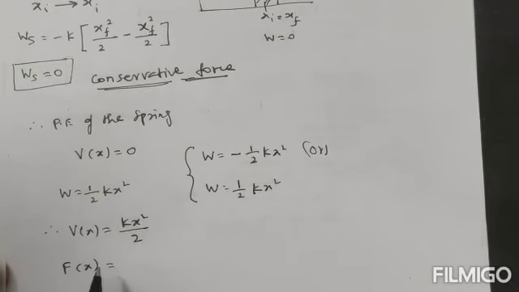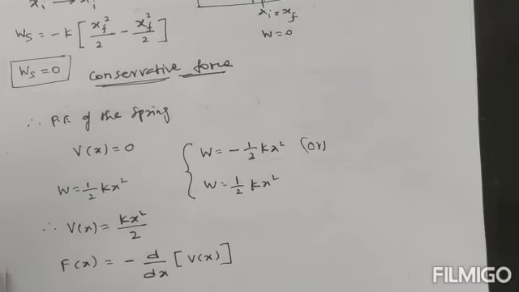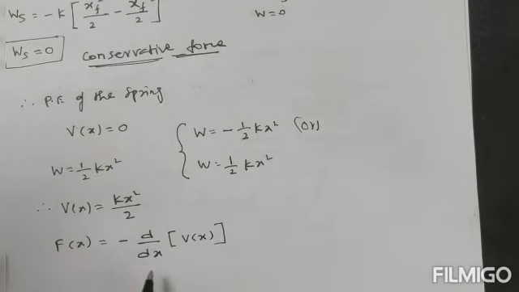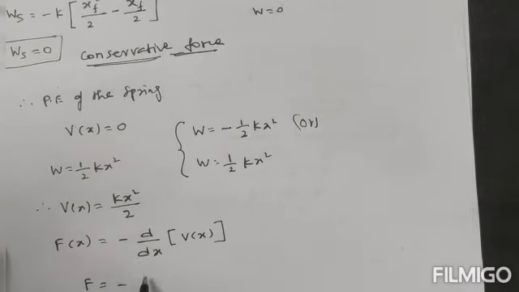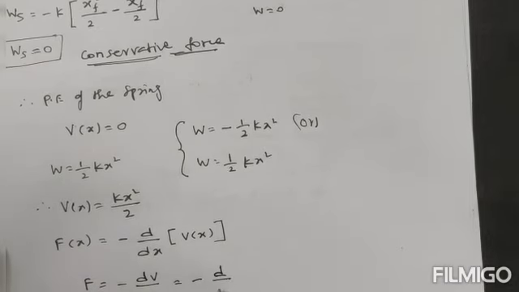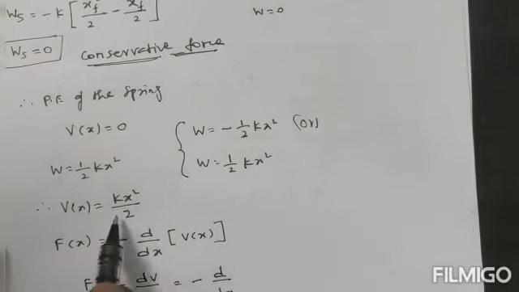Therefore the force we can write as minus dV divided by dx, where V is a function of x. This model we already derived in the previous sessions. So for simplicity, f is equal to minus dV divided by dx. Therefore minus d by dx of the V value.